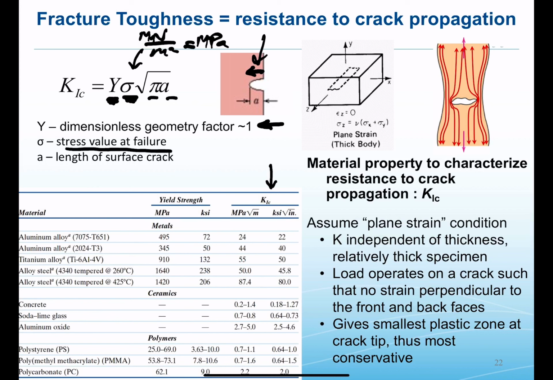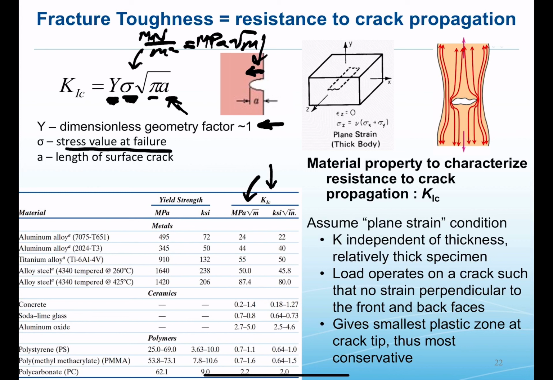And ultimately we have the square root of an a dimension, which is a distance dimension, so we're expecting root meter for the last part of the units there. So K1C values, which represent fracture toughness values, are going to have units of megapascal root meter. Very complex kind of set of units.